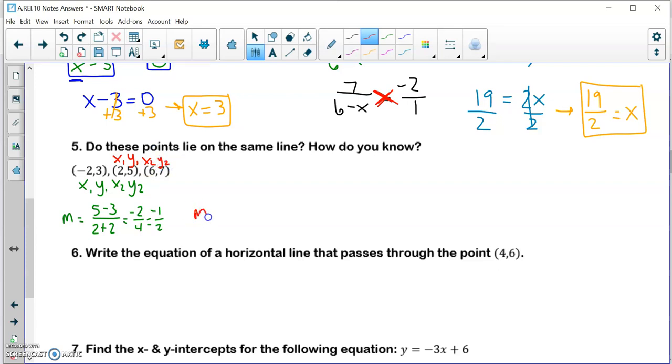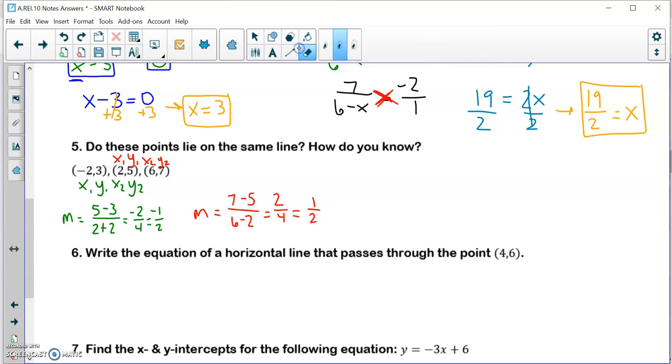So y2 minus y1 all over x2 minus x1. We get a positive 1/2 slope. So since the slope between the first 2 points is not the same between my second 2 points, oh, I apologize.